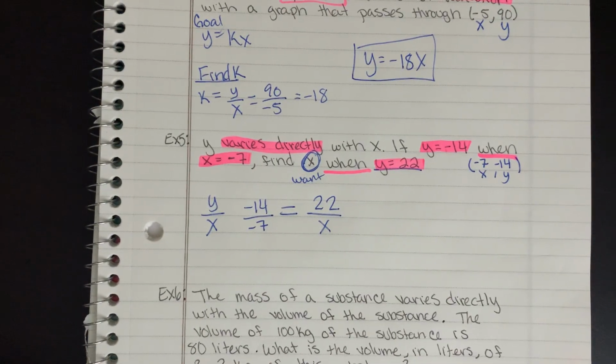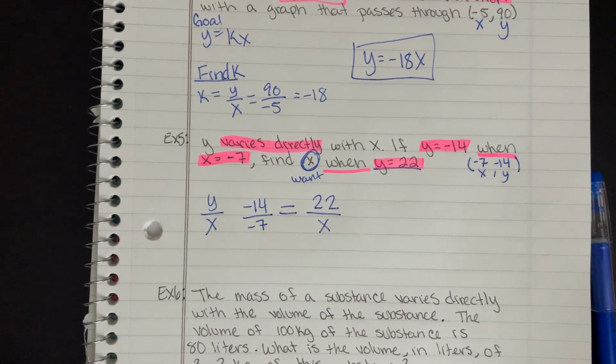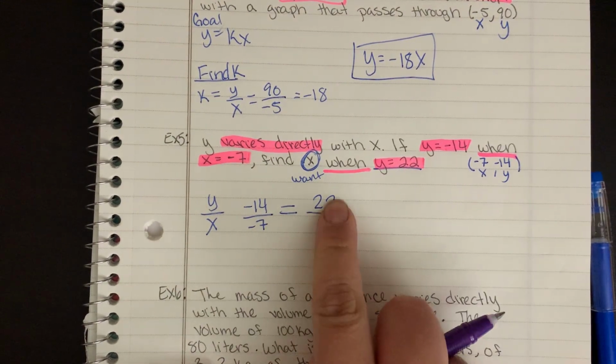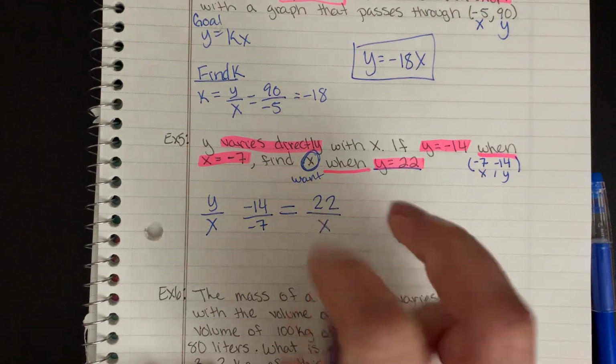Hopefully you remember how to solve these a little bit from middle school, but if you don't, it's okay. Basically, we're just going to cross multiply. That means you cross diagonally and multiply.